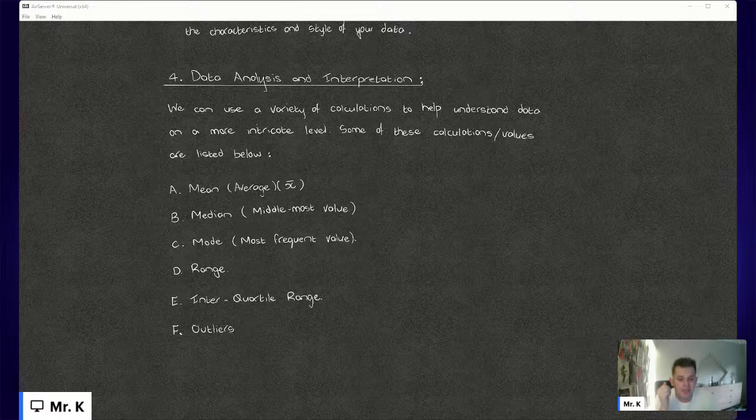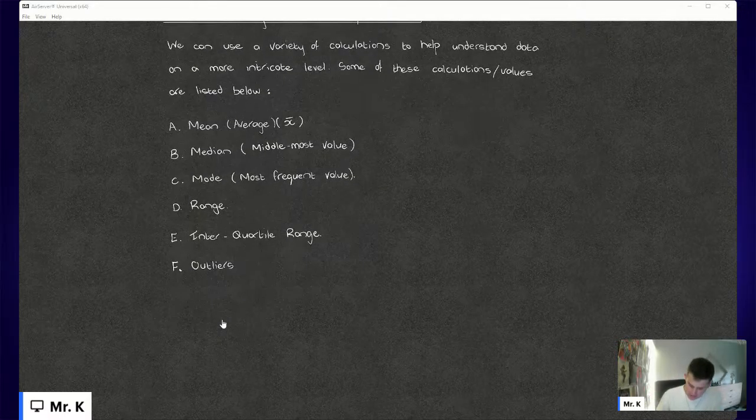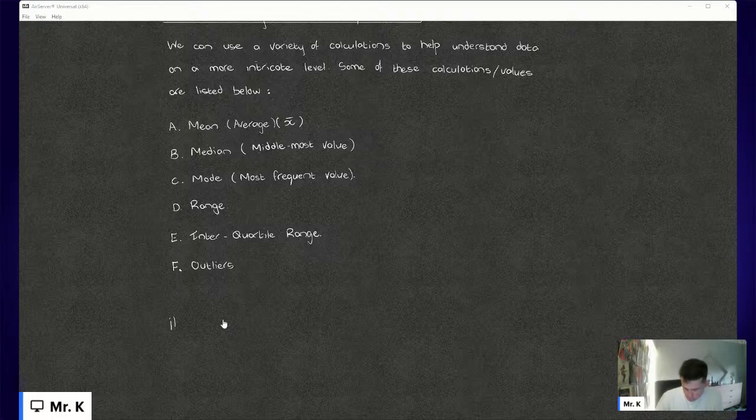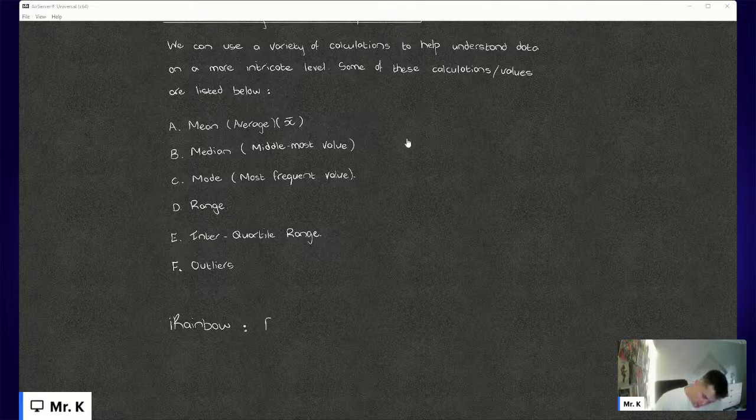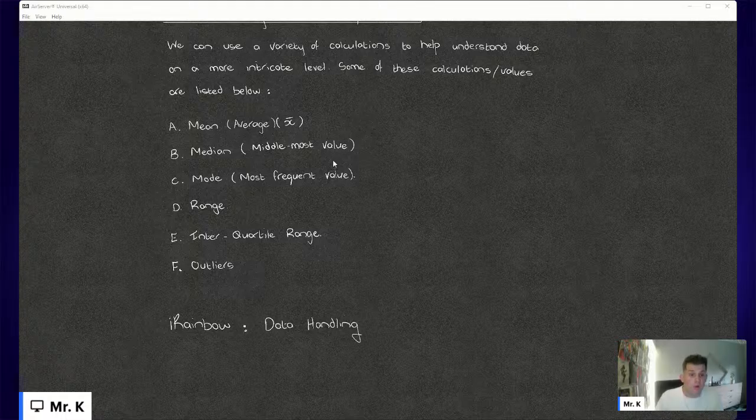But please remember that you guys can still go onto iRainbow. Okay, and I'm going to quickly write something here at the bottom for you. If you go onto iRainbow, if you want to go and take a look at the different quizzes that you can try, you can go straight into the section called data handling, and you can try any of the 3 or 4 quizzes that come up, right?